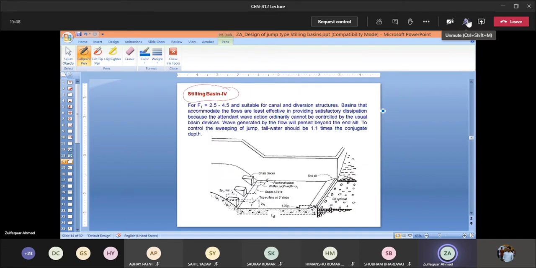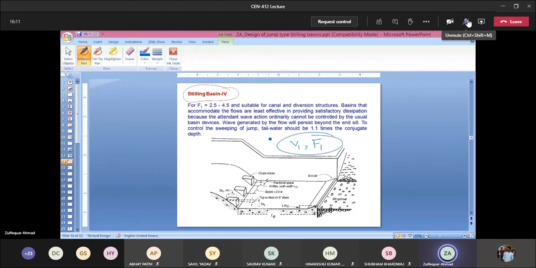So in this Stirling basin number 4, one thing more that I want to tell you: the type of the basin is decided on the basis of exclusively two parameters. One is the velocity v1 and the other is the incoming Froude number F1.